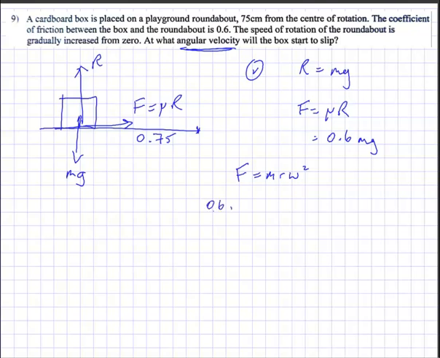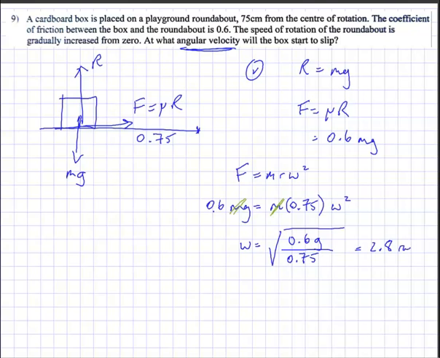So 0.6 mg is my force, which is the centripetal force. We don't know m, but you can see what's going to happen here. The radius is 0.75, and we want to work out omega squared, so we're working out omega. Once the masses have cancelled out and we've rearranged, we get omega being the square root of 0.6 g divided by 0.75, and that works out at 2.8 radians per second.